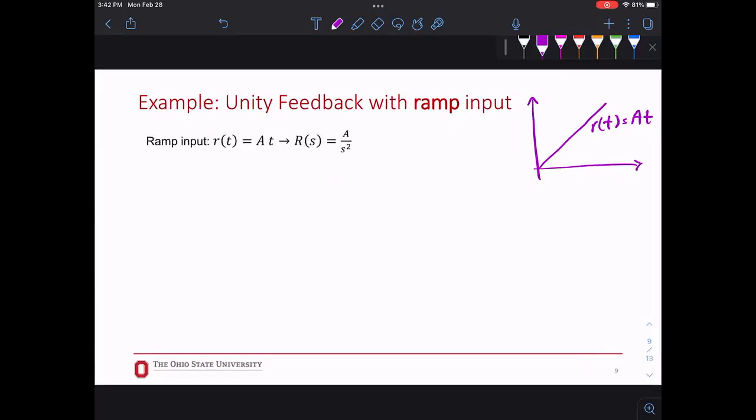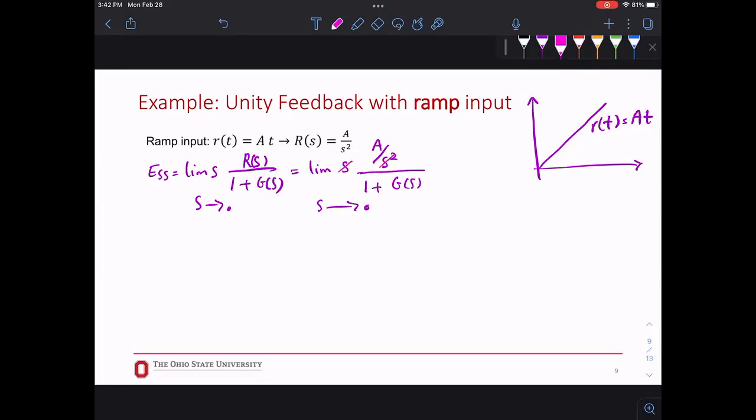Now, for this one, I'm just going to write the equation. Steady state error is going to be the limit of S times R of S over 1 plus G of S when S goes to 0. So here it is the limit of S times A over S squared, because that's what it is in the S domain, over 1 plus G of S, when S goes to 0.